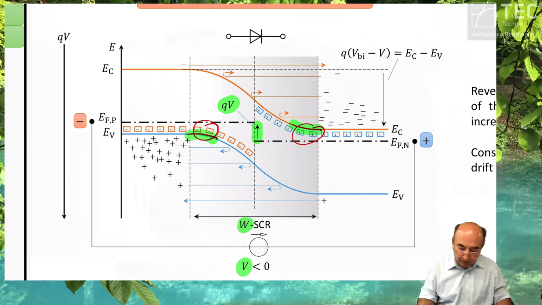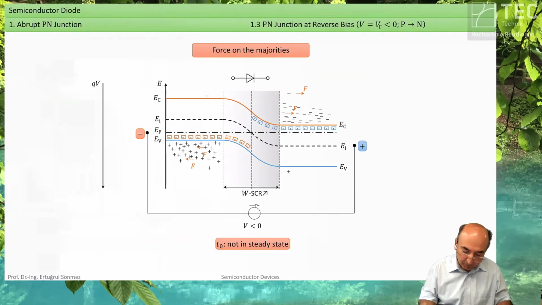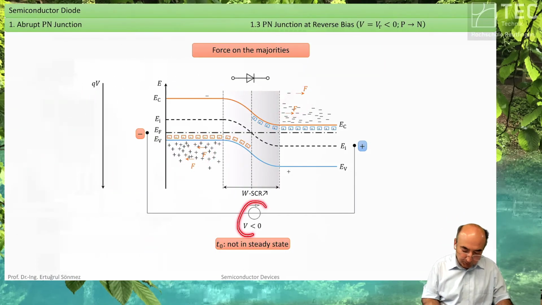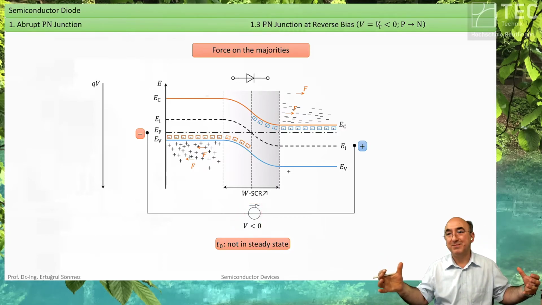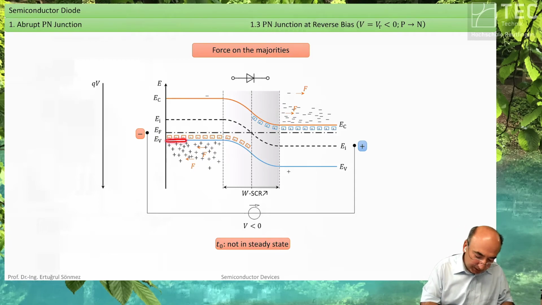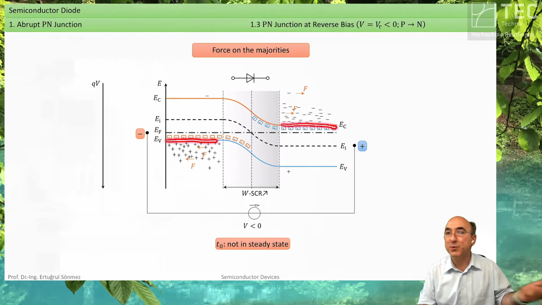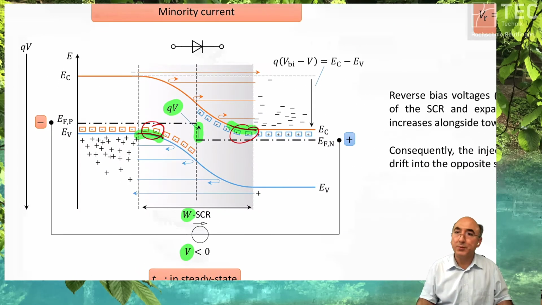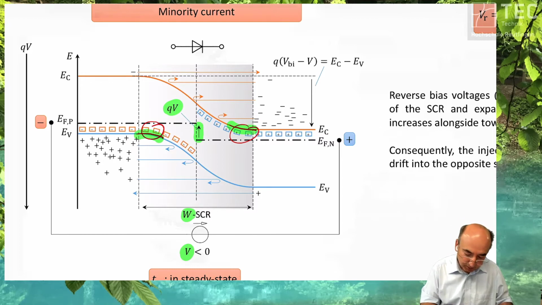Now, let's go away from talking about forces. What is voltage? Voltage is a potential difference. A neutral area can't absorb a potential because it's neutral. The only area which absorbs a potential is where you have charges.